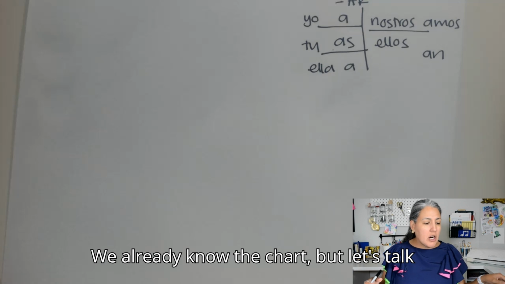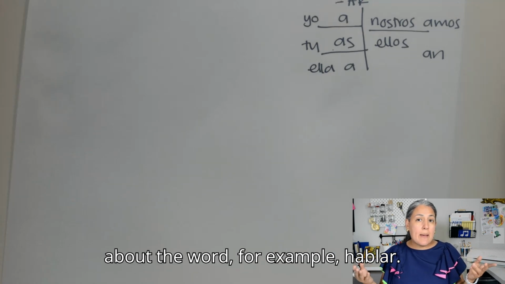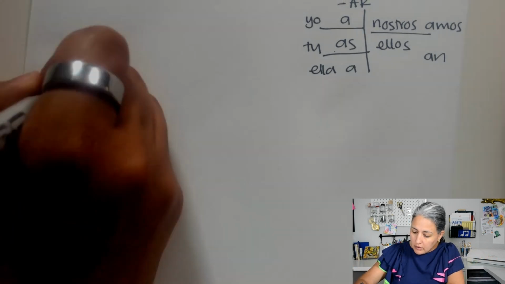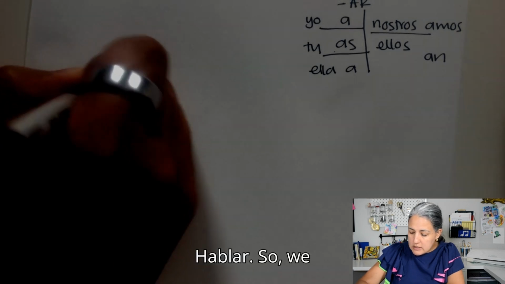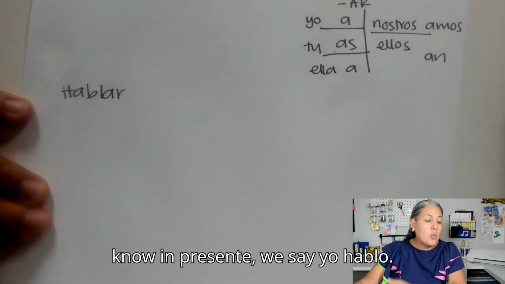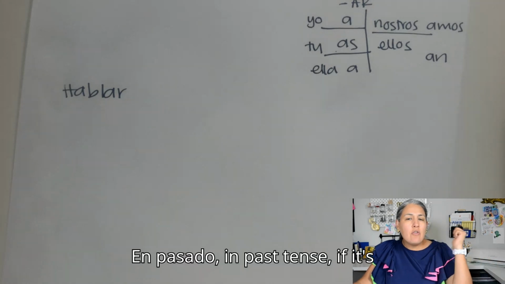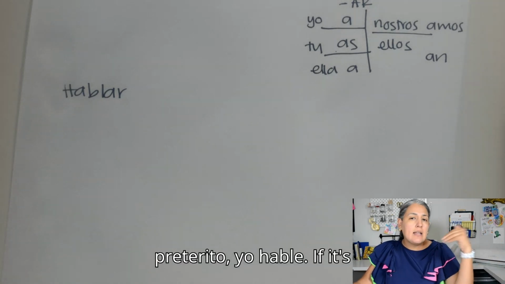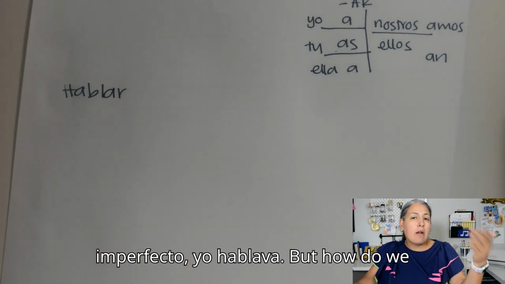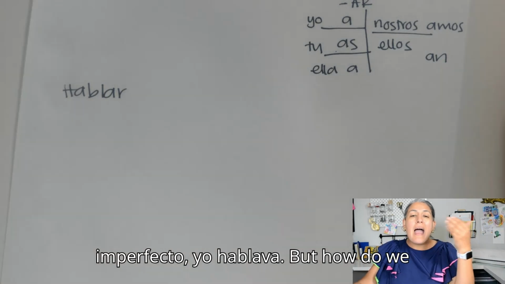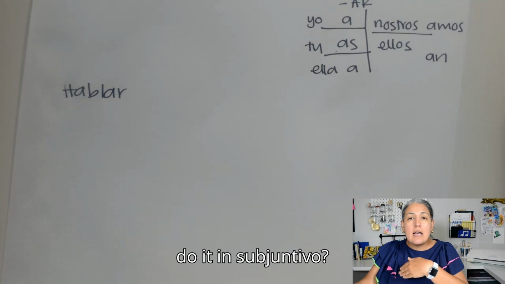We already know the chart, but let's talk about the word, for example, hablar. We know en presente we say yo hablo. En pasado, in past tense, if it's pretérito, yo hablé. If it's imperfecto, yo hablaba. But how do we do it in subjuntivo?